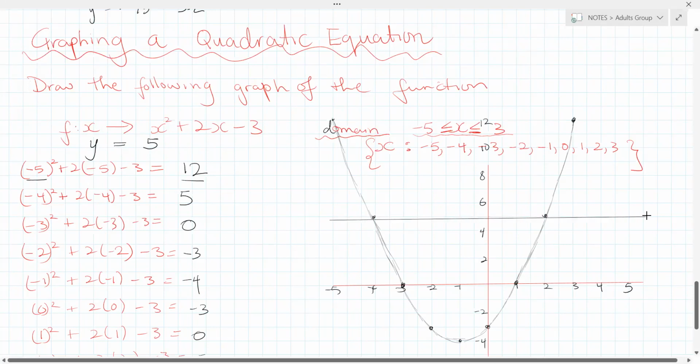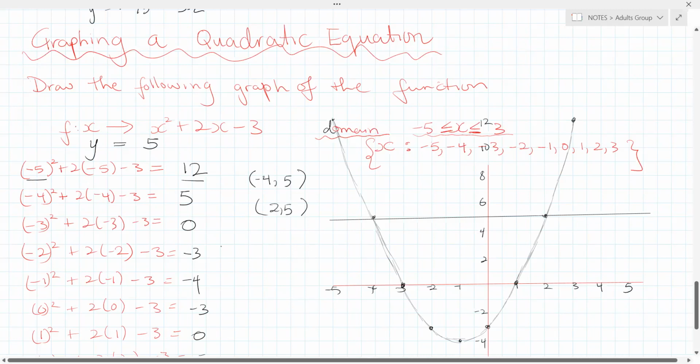And what are our points of intersection? What are the coordinates for the points of intersection? Because apparently there is more than one. -4 and 5. What's our second one? 2 and 5, sorry.